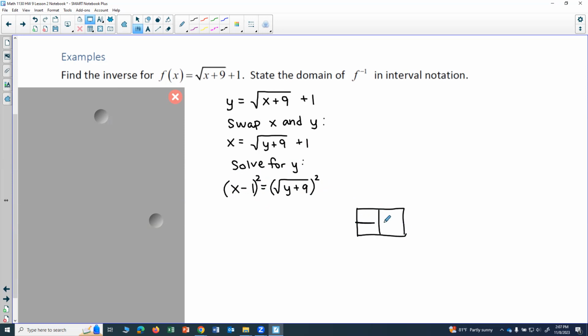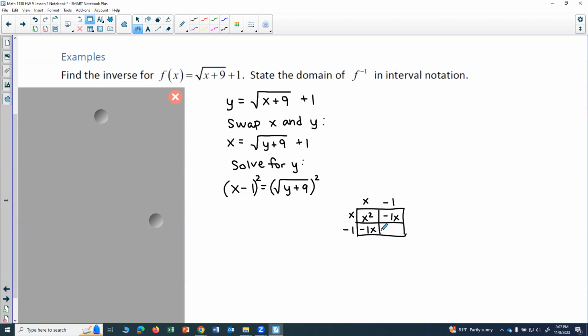If you're doing the box method, you would do your x minus 1 on the top and x minus 1 on the side. So in the first box, you get x squared. Then x times negative 1 gives you minus 1x. X times negative 1 gives you another minus 1x.